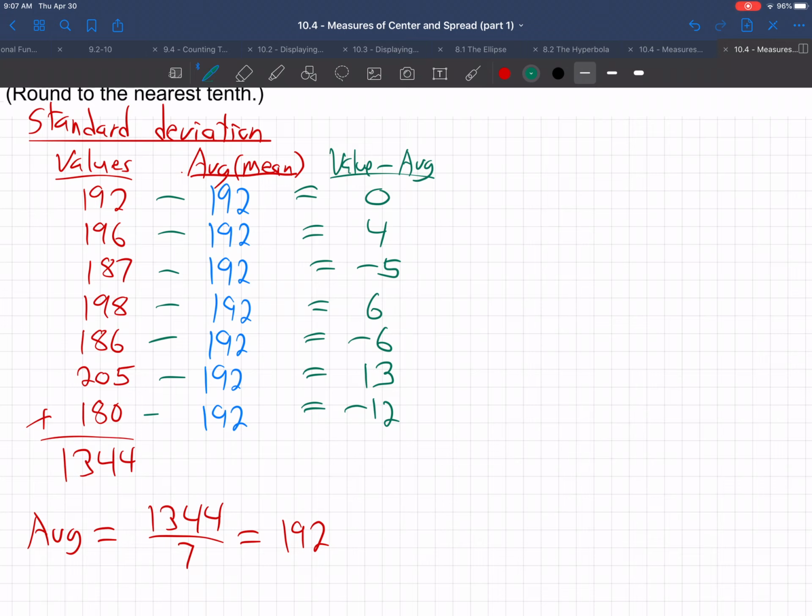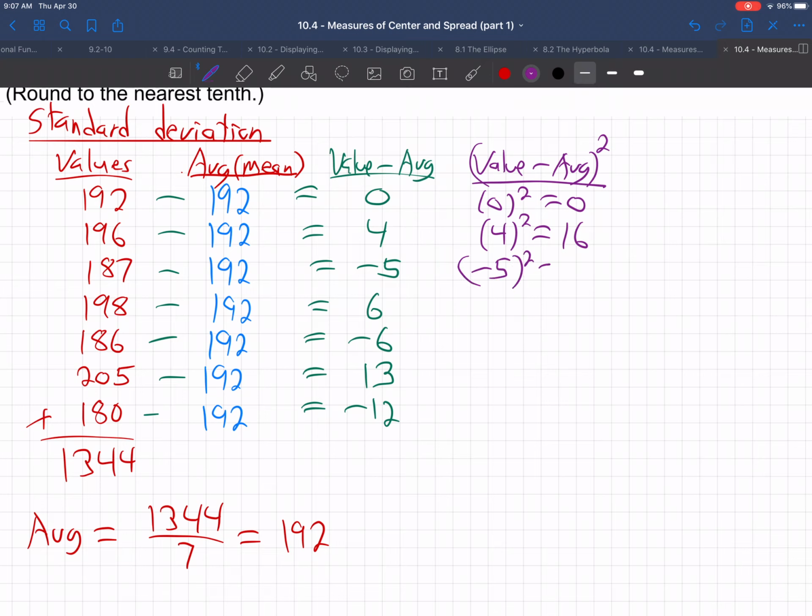And then the next column is going to be value minus average squared. So then you second power each of these. 0 to the second power is just 0. It doesn't do much. 4 to the second power is 16.